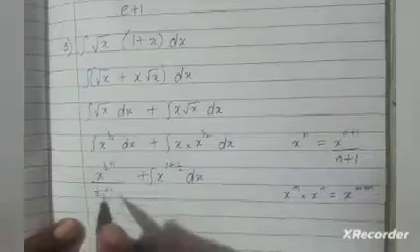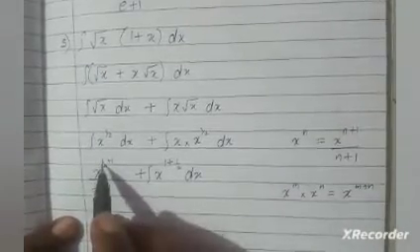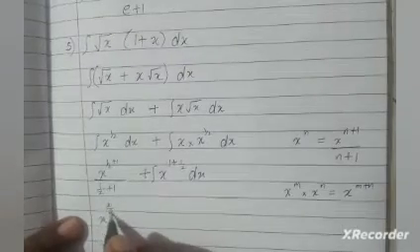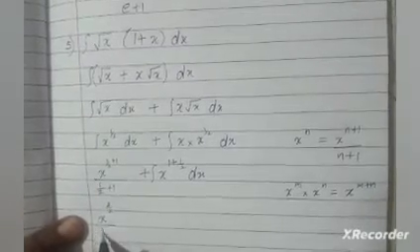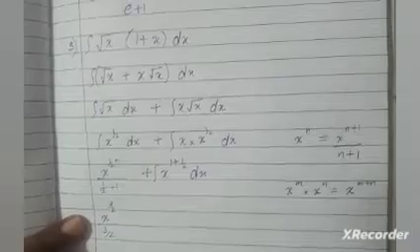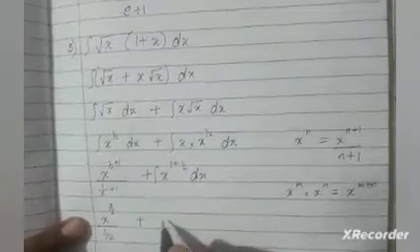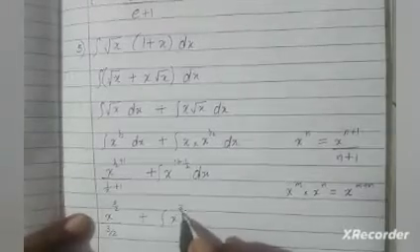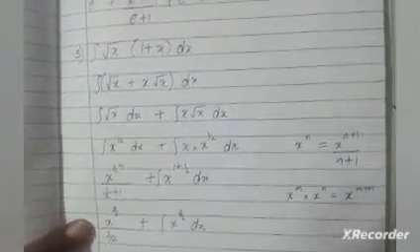Now x to the power 1 by 2 plus 1, by adding this we get 3 by 2. Similarly 3 by 2, plus integration of x to the power 3 by 2 dx.